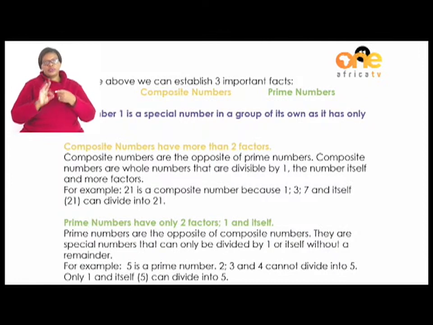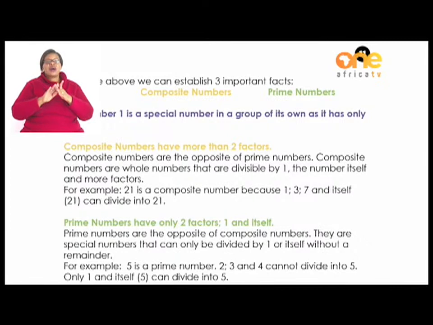All right? It says there that the number 1 is a special number in a group of its own, and it has only 1 factor. Now, this number 1 has created a lot of controversy because a lot of learners say it's a prime number. Some say, no, it's not a prime number. We will look into that.